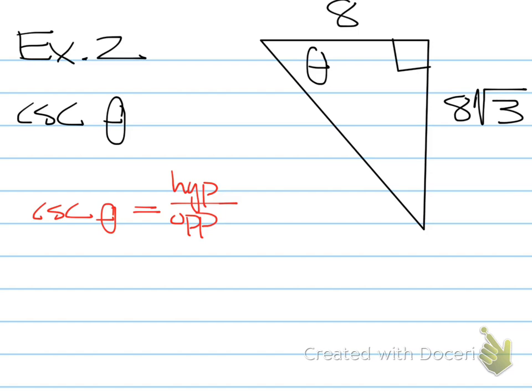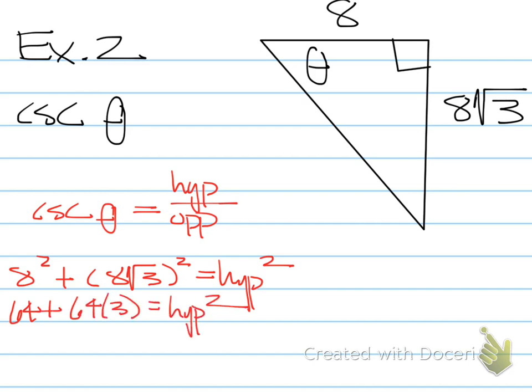The hypotenuse is not given, but as long as we have the measure of two of the sides of a right triangle, we can use the Pythagorean theorem to find the third side. So we're going to square the two legs, add up those squares, and set that equal to the square of the hypotenuse.